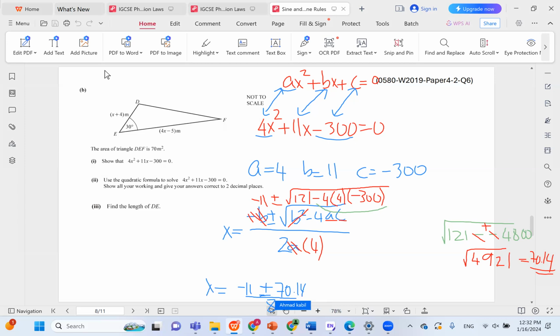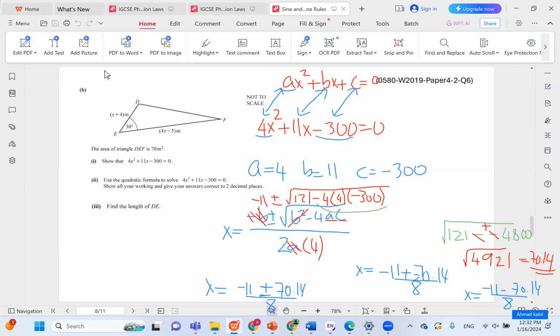So we have one of two possibilities. Either x equals negative 11 plus 70.14 over 8, or we have x equals negative 11 minus 70.14 over 8.